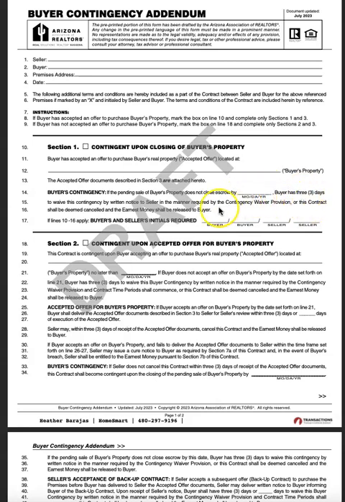Buyer has 3 days to waive the contingency by written notice to seller in the manner required by the contingency waiver provision, or the contract shall be deemed canceled and the earnest money shall be released to the buyer.